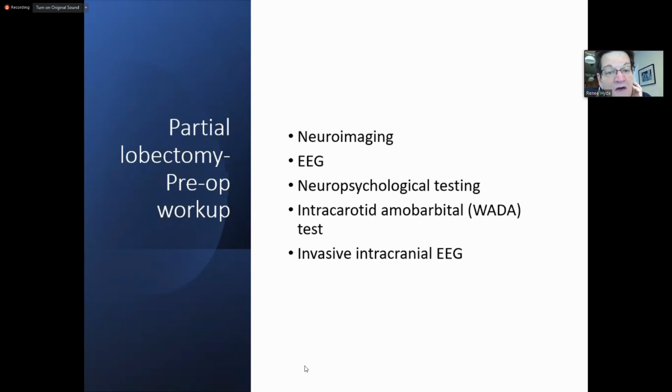Because once they have identified the general area on that external EEG, they want to do that invasive intracranial EEG and see at what depth and what specific location that seizure is originating from. And then that's the area that they're going to remove. Fairly extensive workup for these patients, because one of the things we don't want to do is to cause them more harm than good.